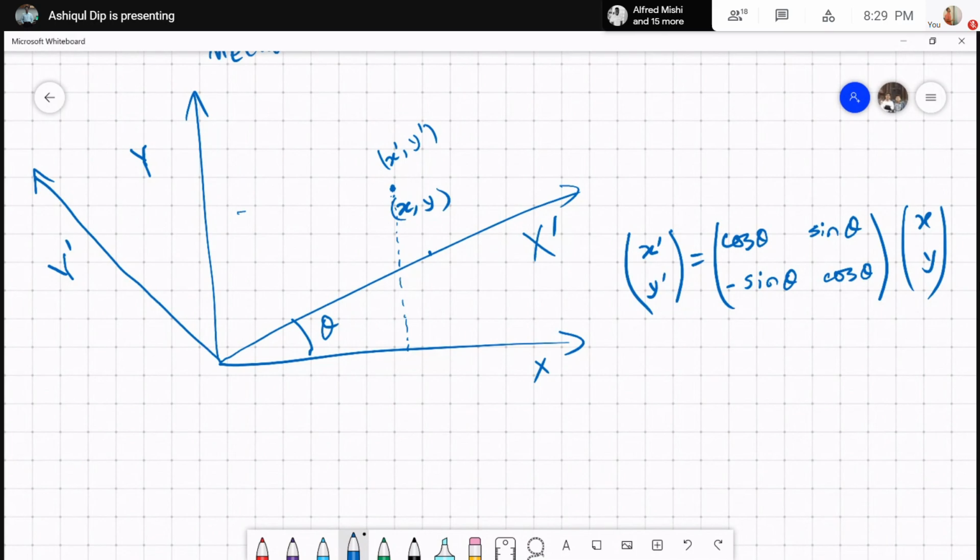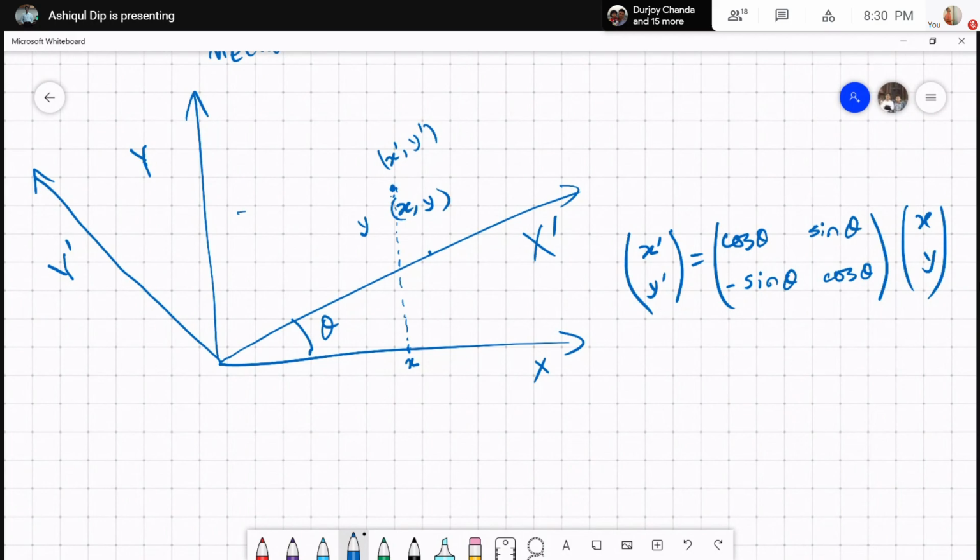So how do we derive it? So make a projection on the x-axis, right? So this much is our x, and this height is our y. All we need to find is the coordinate x prime or y prime.